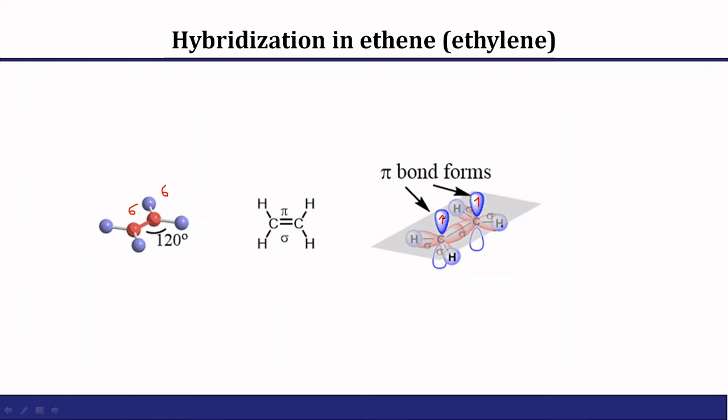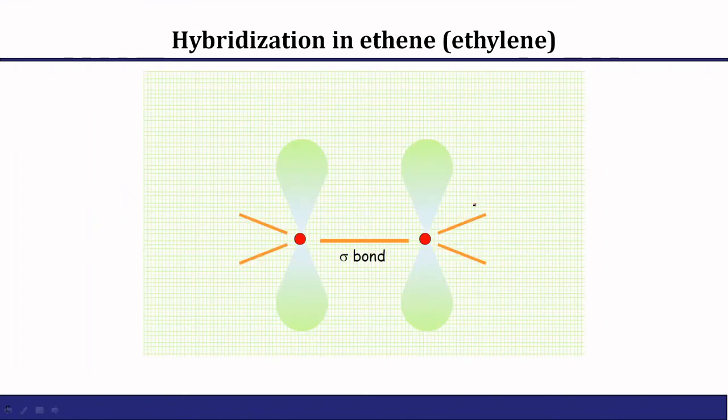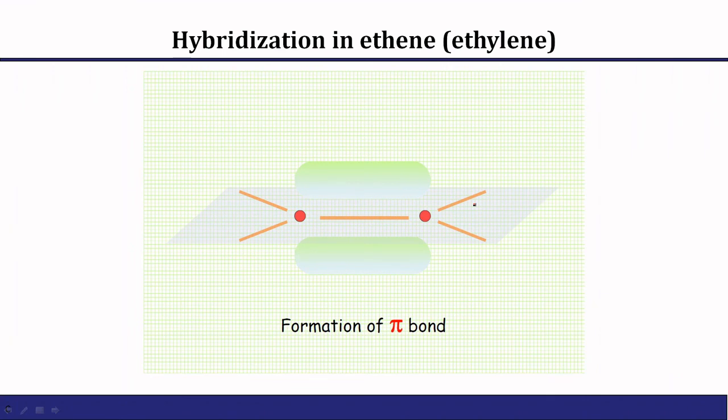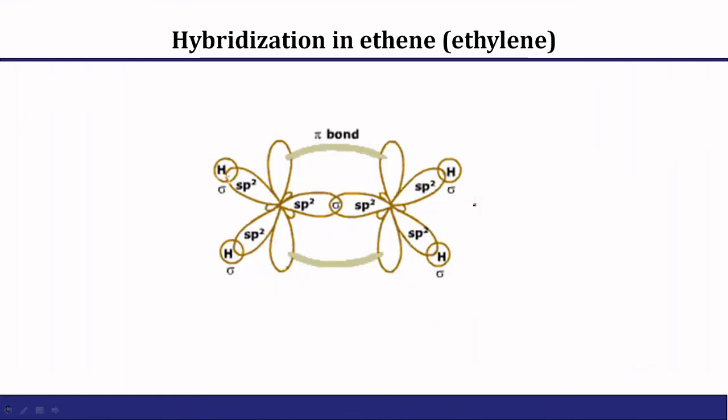These p orbitals can overlap sideways as shown here. This results in the formation of a pi bond. Remember that sideways overlap always produces a pi bond.